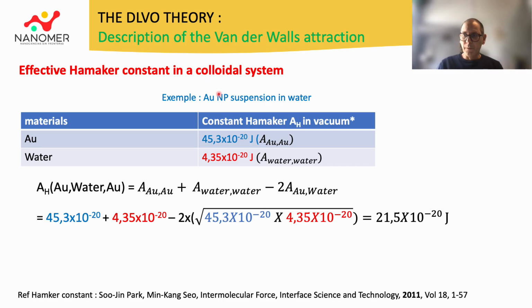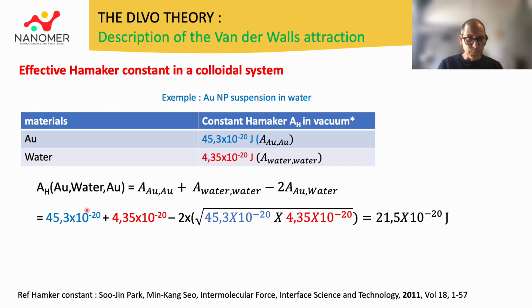Here is an example of calculation for gold nanoparticles dispersed in water with the Hamaker constant value for pure gold and pure water taken from the reference below shown in this table. The effective Hamaker constant for this system is therefore equal to the Hamaker constant for the pure gold system, the pure water system, and the interaction between gold and water.